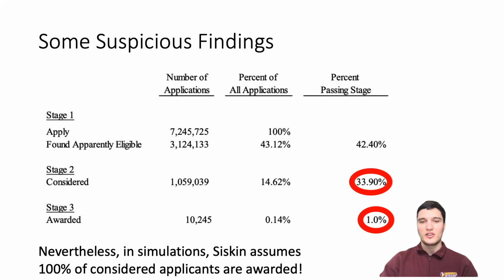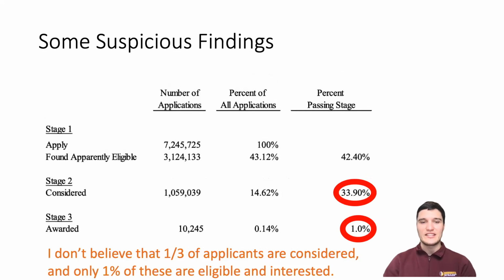However, he also concludes that only 1% of the applicants who are considered are eventually awarded housing, meaning that they're both eligible and interested. Now, despite this finding, it's interesting to note that in his simulations, he assumes that everyone who is considered will eventually be awarded. So that's an interesting discrepancy. But setting that aside for a minute, I just don't believe these numbers.